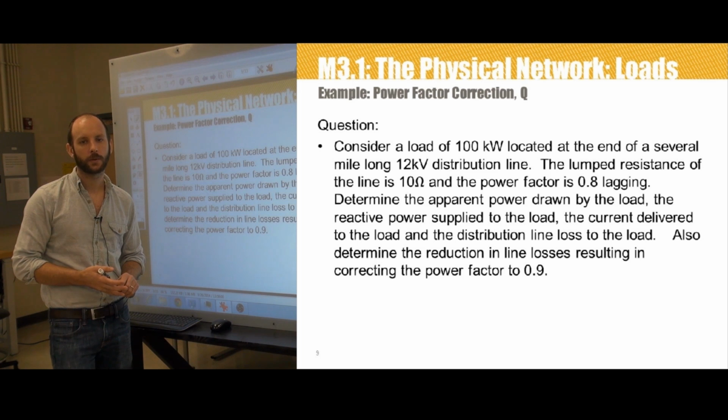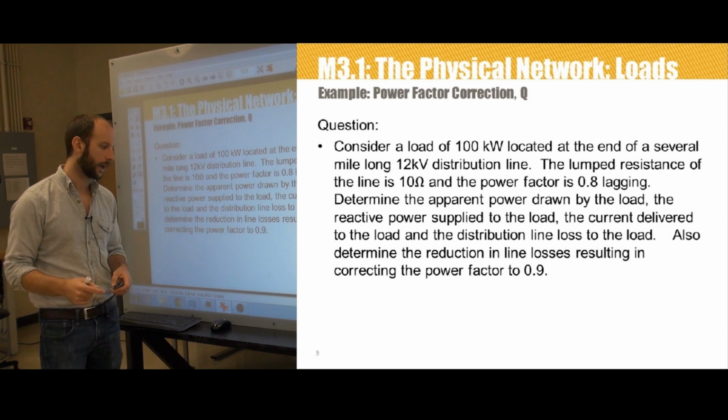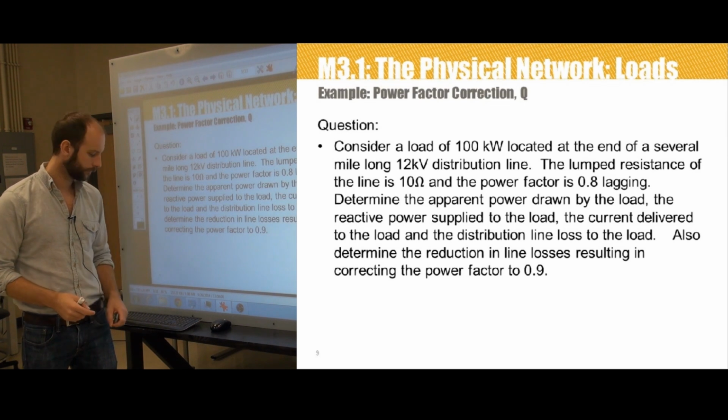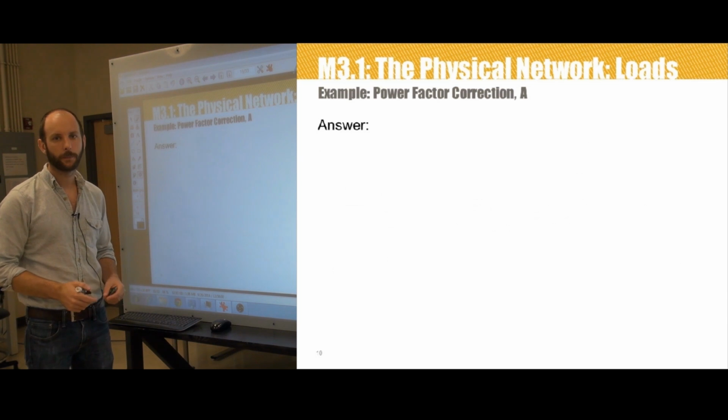We also want to determine the reduction in line losses that would result if we performed power factor correction to go from 0.8 lagging to 0.9 lagging. So we're going to perform a power factor correction.